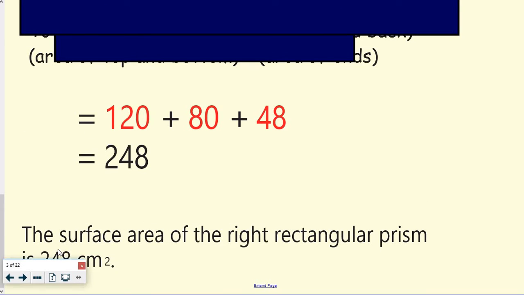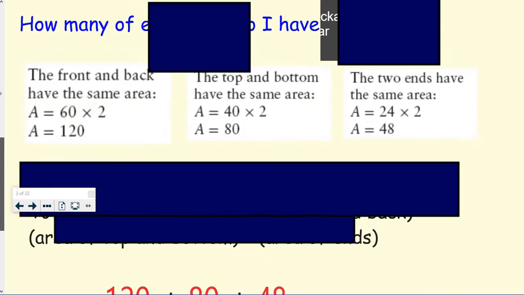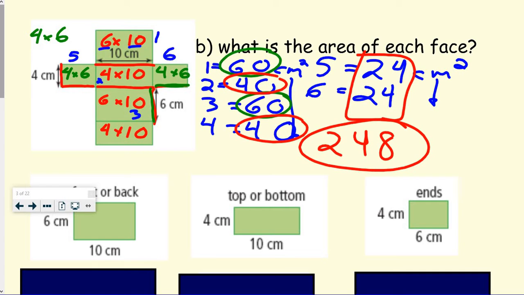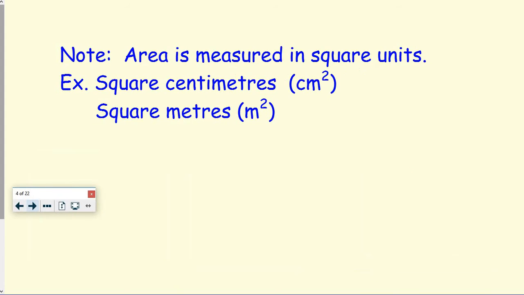So the surface area of the right rectangular prism is 248 centimeters squared. If we scroll back up and add it all up, 60 plus 40 is 100, plus 60 plus 40 is 200, plus 24 plus 24 is 248. So that's what we got.